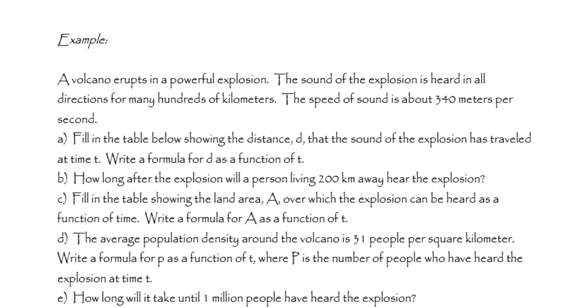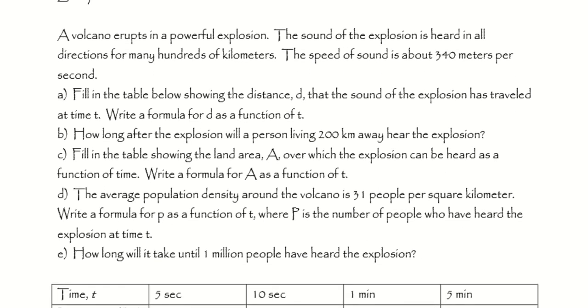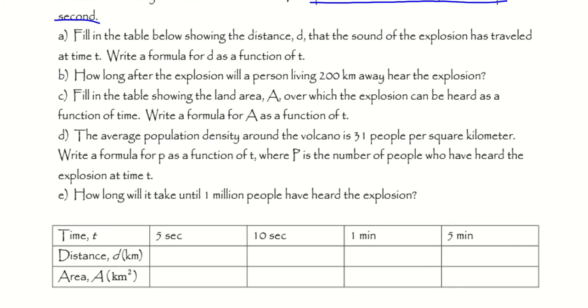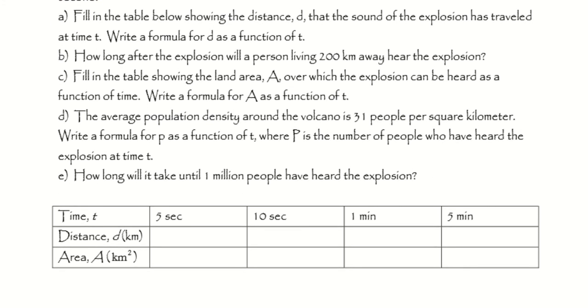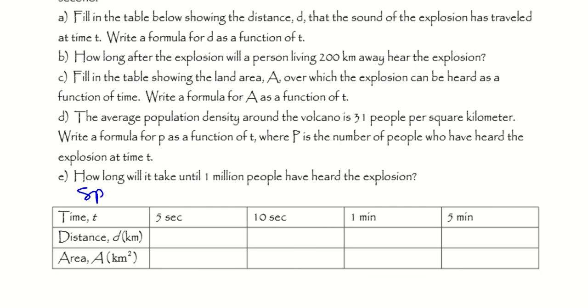Okay. One more example here. We have a volcano that erupts in a powerful explosion, and the sound of the explosion is heard in all directions for many hundreds of kilometers. And we have that the speed of sound is about 340 meters per second. So let's think about this.